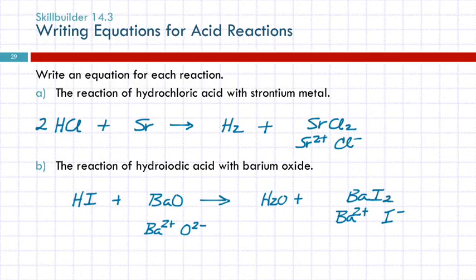Well, we've got one barium and one barium. We've got one oxygen and one oxygen. Over here we have 2 iodines, so we better put a 2 over here. And that gives us 2 hydrogens and 2 hydrogens. Any questions? If you can make water, do it. Water and a salt. If not, hydrogen and salt.